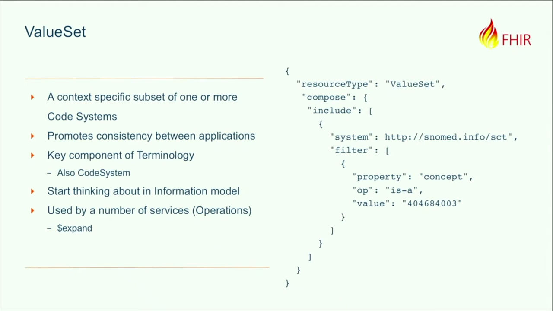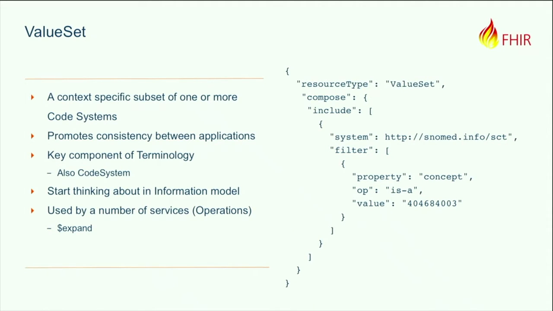Its purpose is to promote consistency between applications. So when you're collecting data in a context, it helps you say, here's the list of preferred terms I'd like you to use. In New Zealand, for example, we created an ED value set, the most common diagnoses in ED, to help an ED supplier provide consistent codes, but yet go beyond it if they need to. We'll talk about how to do that in a second.